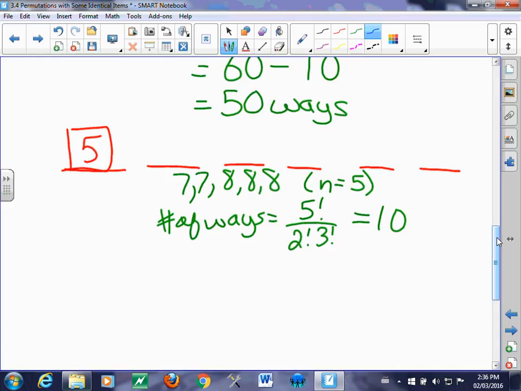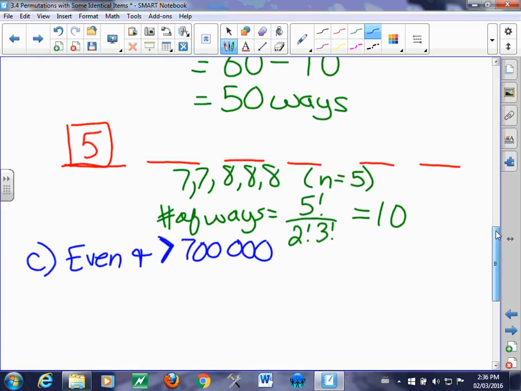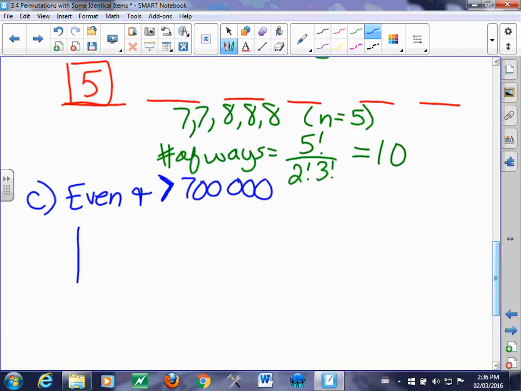Okay, last question. C says how many are even and greater than 700,000? Okay, so we need to make sure we have even and greater than 700,000. When we take a look at this, we already know that if it's greater than 700,000, we have to have a 7 or an 8 at the beginning.